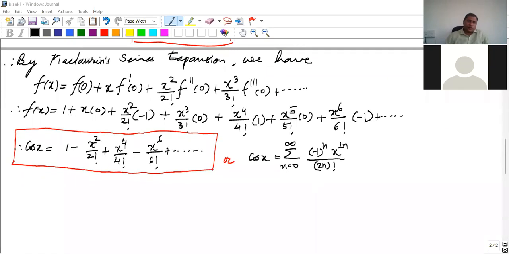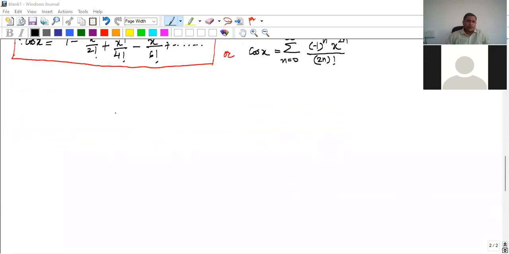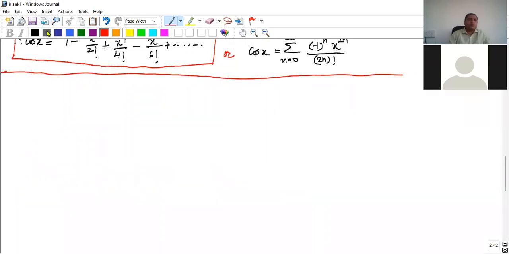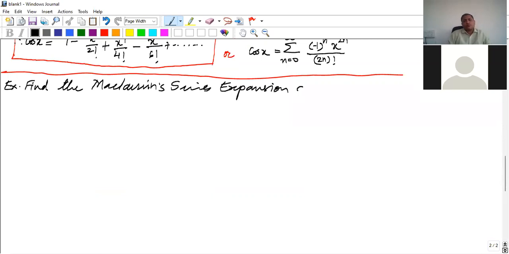Now let us go for another example. And we can write: find the Maclaurin series expansion of log of 1 plus x.